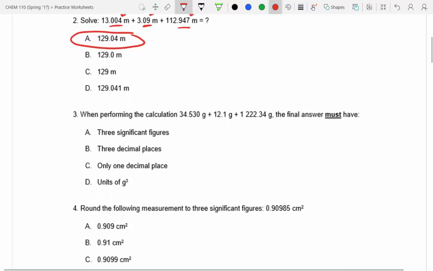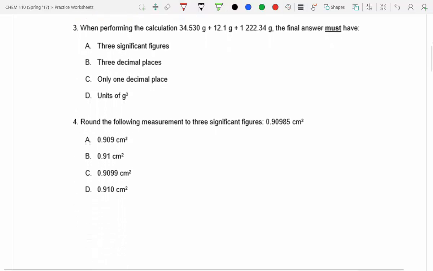If we look at question 3, it says when performing the calculation 34.530 grams plus 12.1 grams plus 1,222.34 grams, the answer must have how many significant digits? Well, let's try to stack it up. So we've got 34.530.